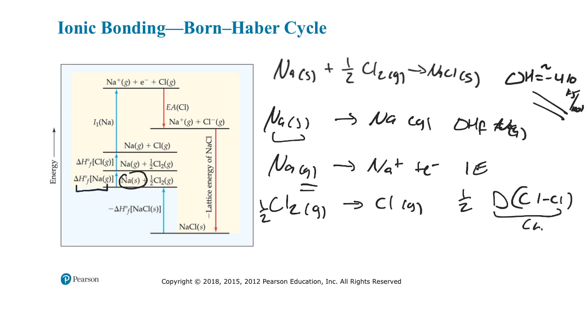And that's from chapter 5. And then chlorine absorbing an electron to go to Cl-. Now that's negative. That's the electron affinity of chlorine.